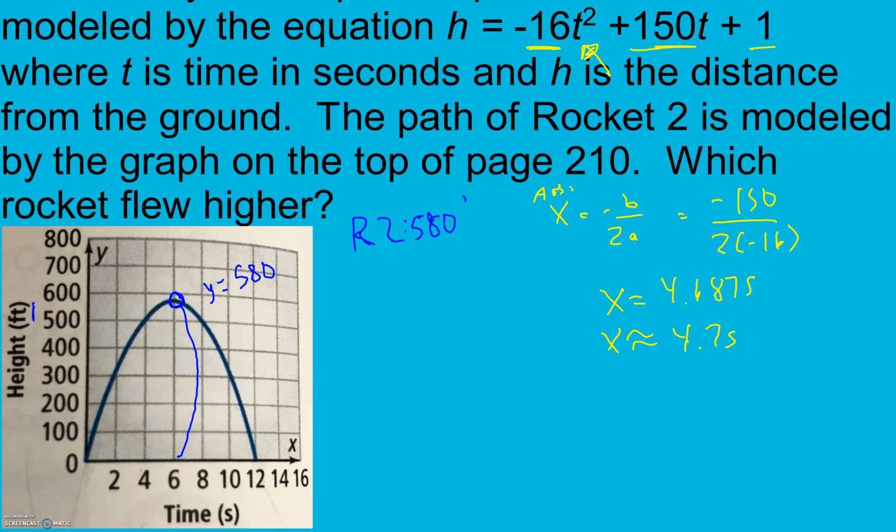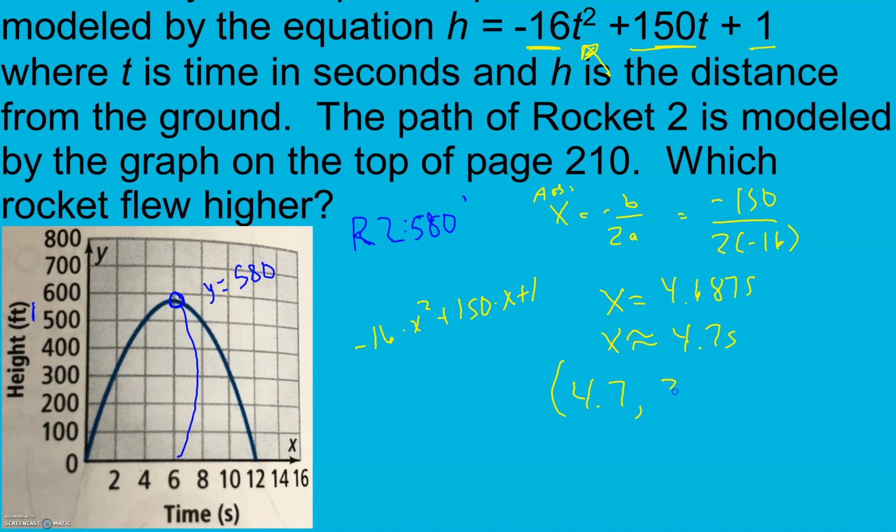Now, if we plug that back in, that's also the x-coordinate of my vertex. So I can find the y-coordinate of my vertex by taking negative 16 times my x value squared plus 150 times that x value plus 1. I'm using the second answer key to get that exact value, but you could use the rounded one, since we're just approximating the height off the graph.